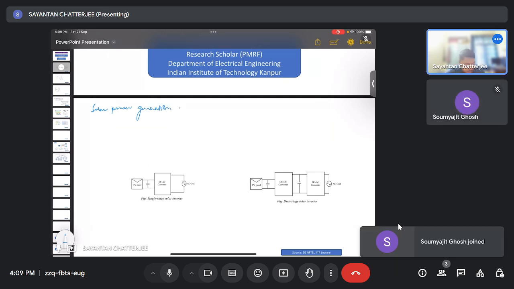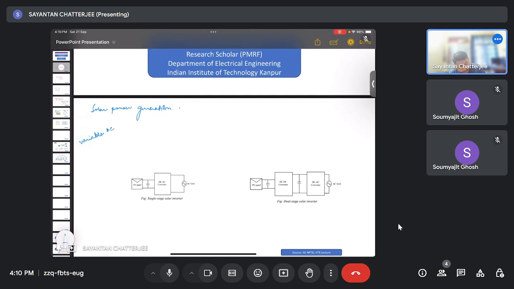In the microgrid architecture, what we need to observe is how the solar panels are integrated, and how the output we get is DC power. We cannot directly integrate it because that's a variable DC component. So we need to transform the variable DC to fixed DC before feeding to the grid.